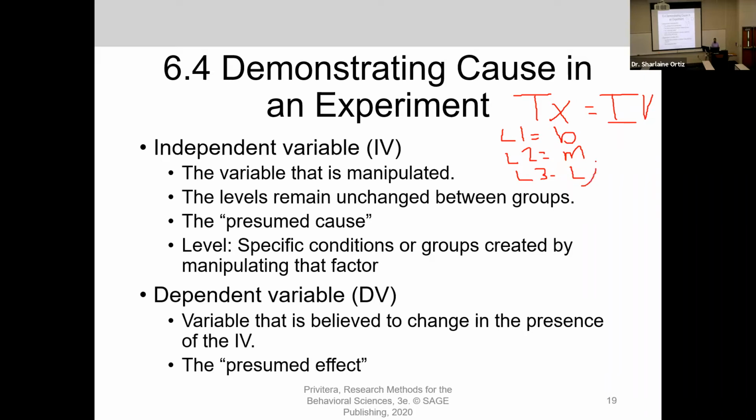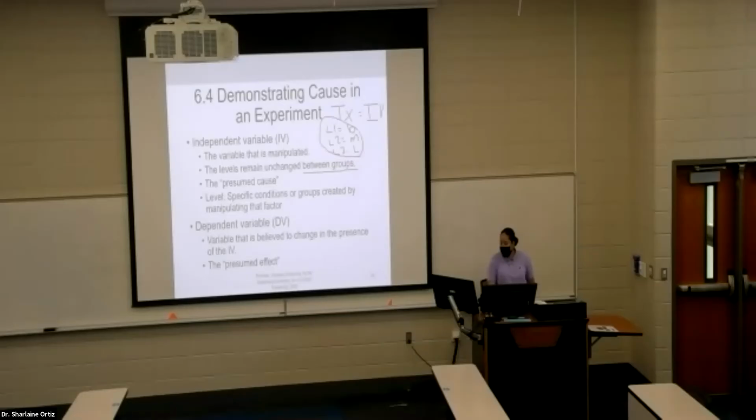Not only that, these levels will remain the same between all of my groups. I'm not going to give one group just level 1 of basic therapy, and give another group intensive therapy. We would assume that the independent variable and those levels will remain unchanged. Similarly, this independent variable is what we presume to be the cause.